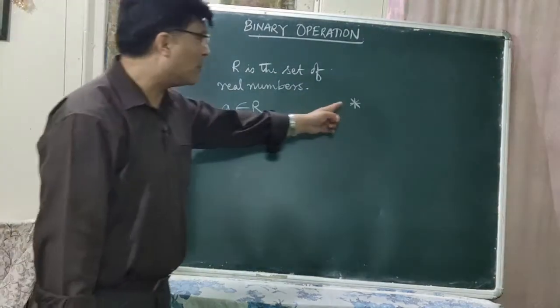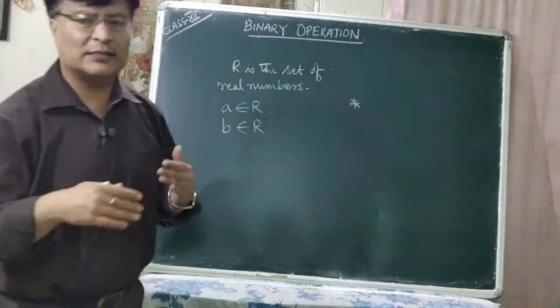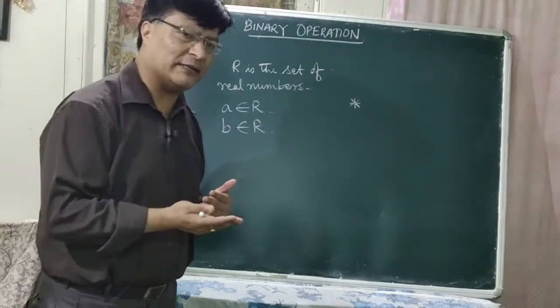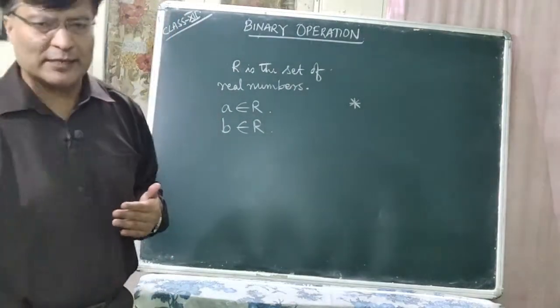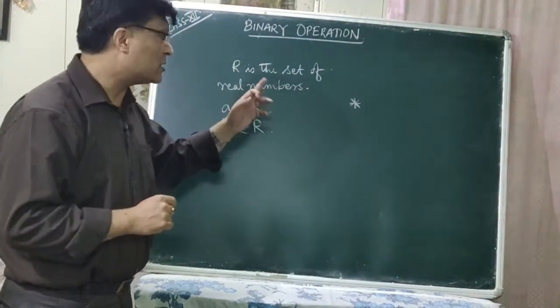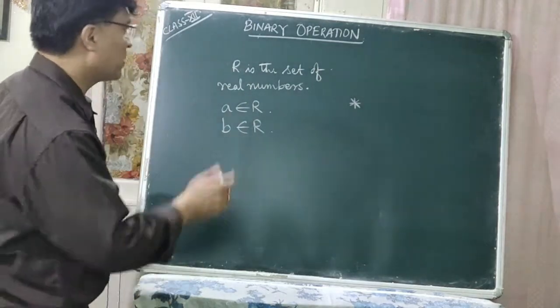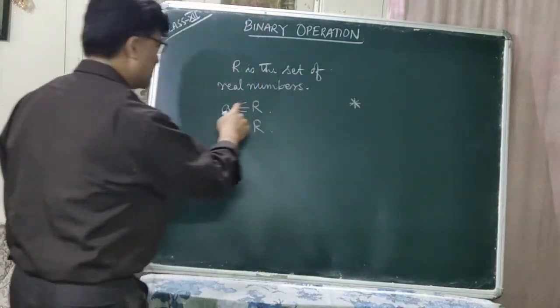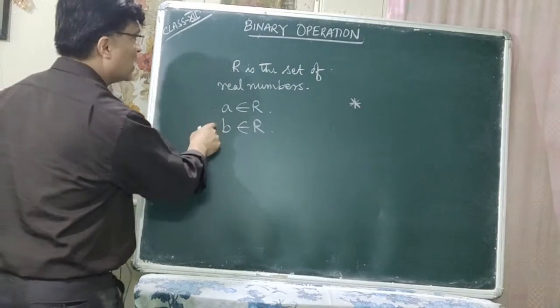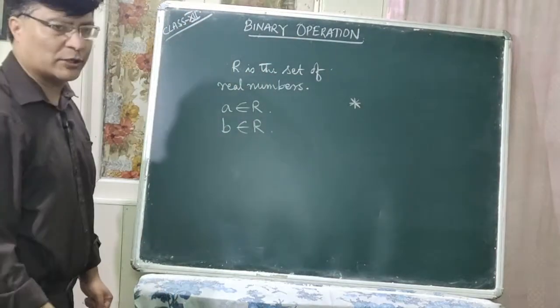Let us take the operation as this star. This star may be plus, it may be minus, it may be division, it may be multiplication, and so on. So this star is operated on these two elements only. That's why it is known as binary operation.